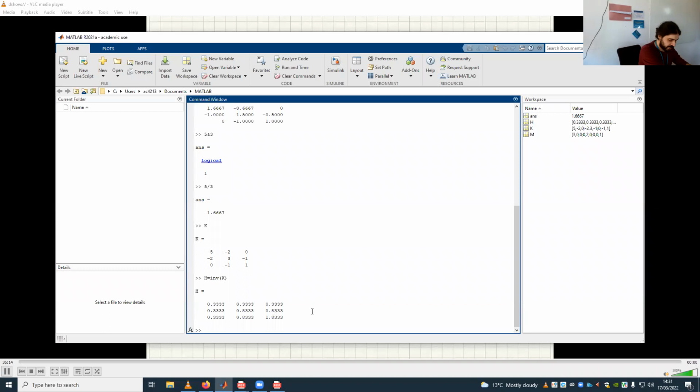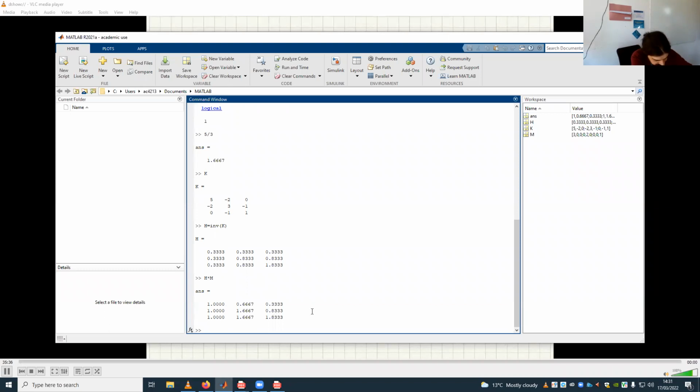Okay, so this is H times M, as I said, H times M gives this matrix here. Quite easy. So we have 1, 1, 1. Then we have 0.667, which is 2/3, 2/3.